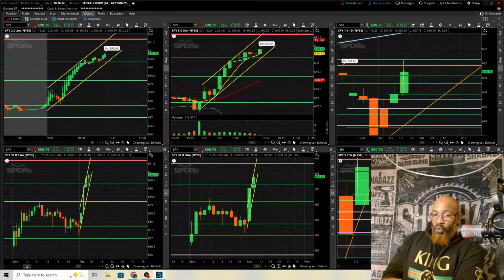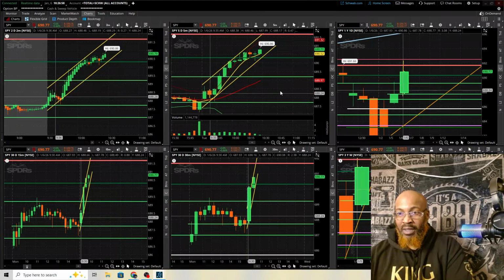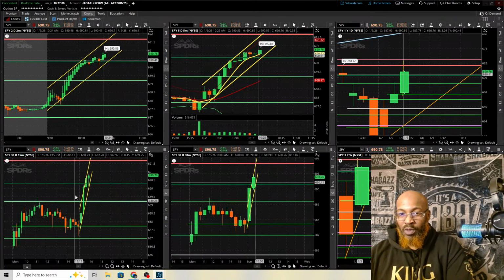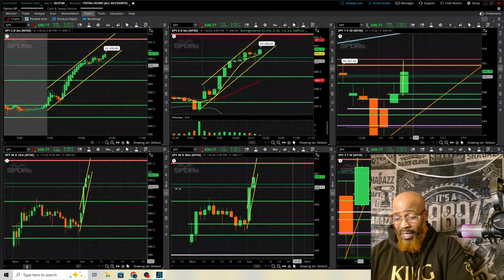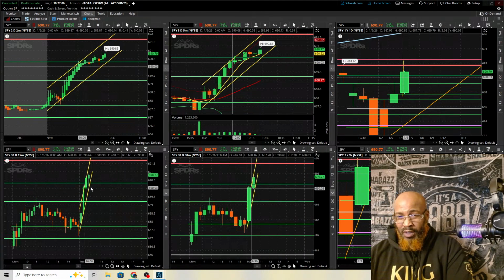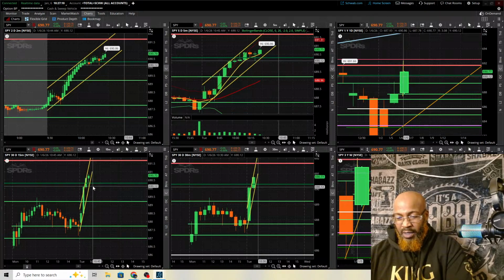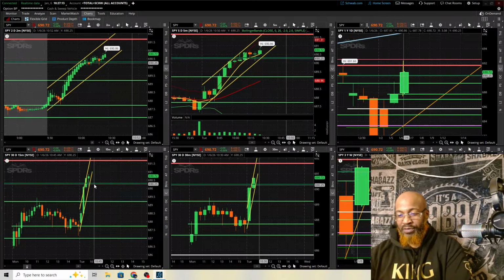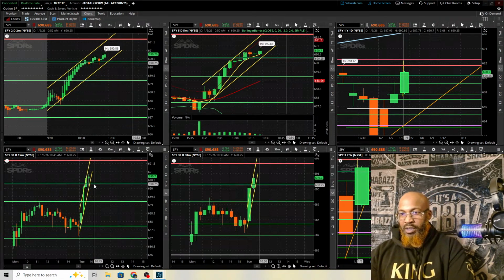The bigger move might be waiting for exactly what I saw on the 15-minute instead of trying to trade it on the 5-minute. As we do have a beautiful hangman on the 15-minute chart trading below the 690, which is exactly where we want it to be. It gave us that opportunity on the 5-minute chart.